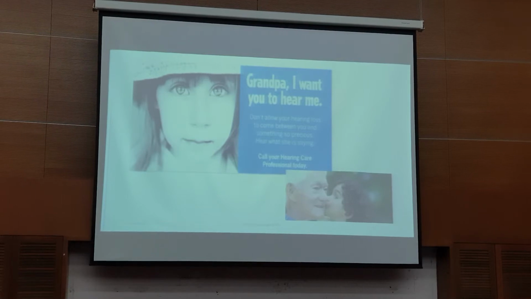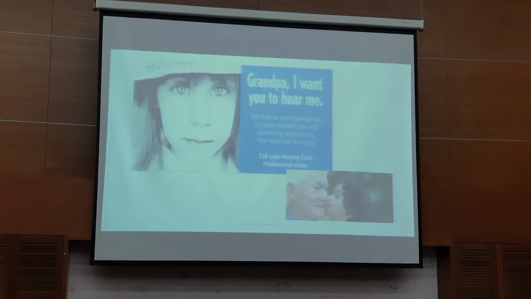So when we fit them, our purpose is really to reconnect them to that hearing world. But when you fit a child, your purpose is really for them to develop speech and language. So when the aim is different, how we fit a child and an adult will be different. That's in general. Okay?